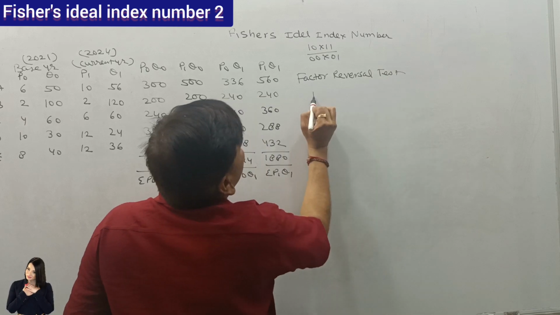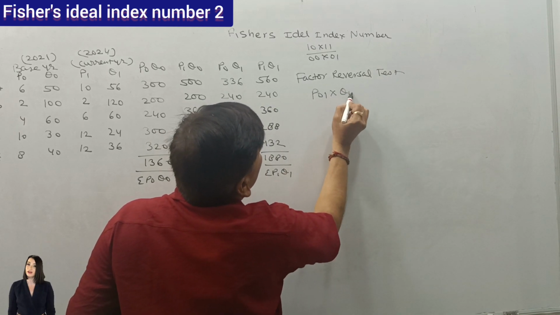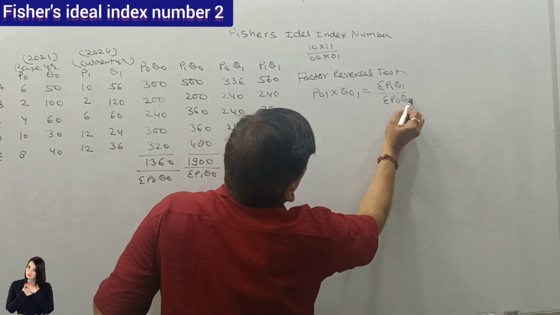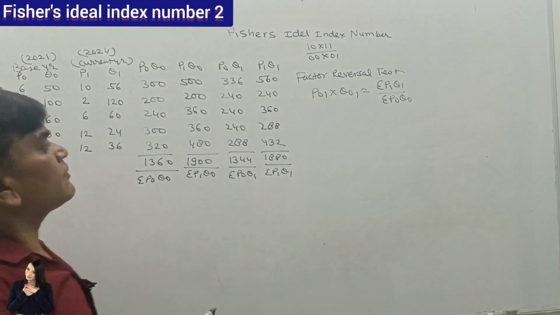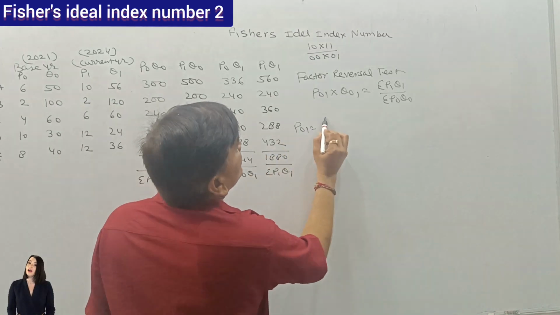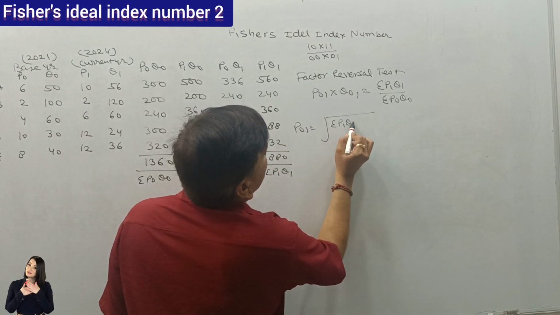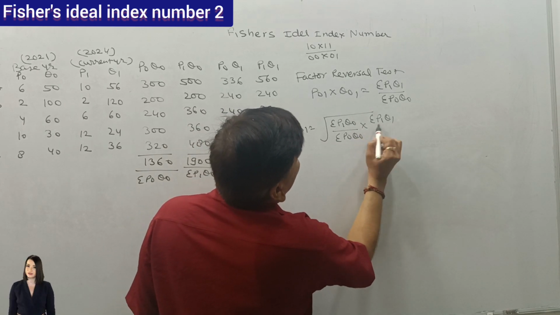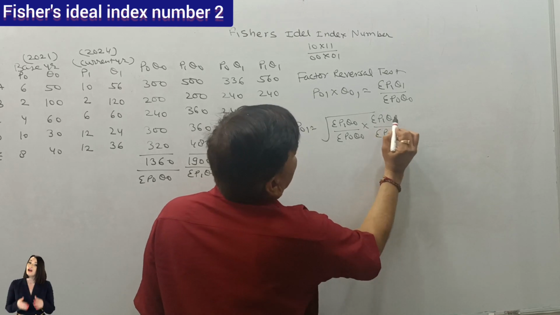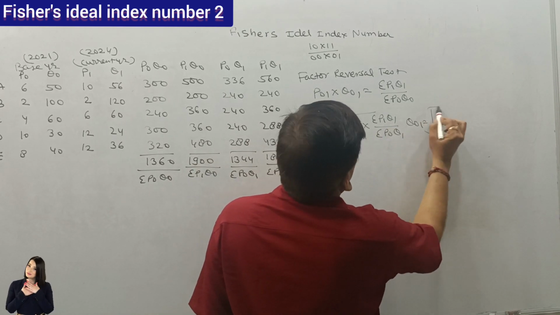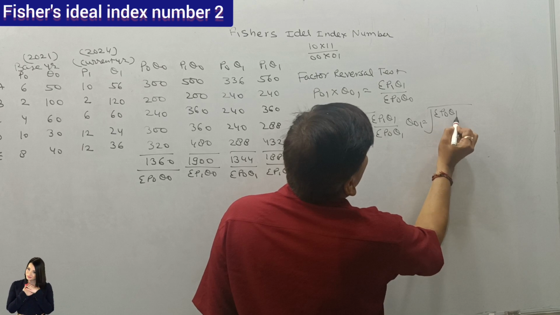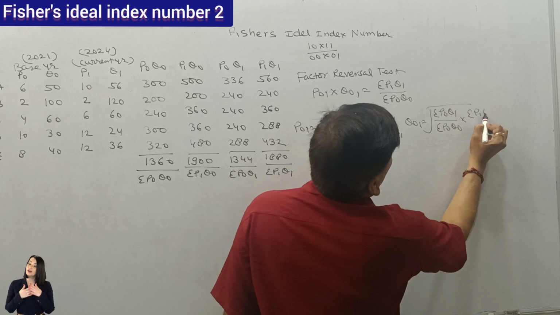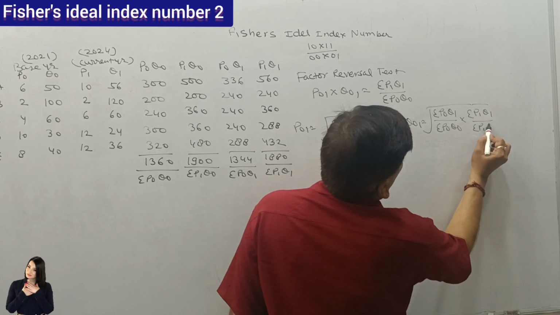The factor reversal test is P01 times Q01 equals sigma P1 Q1 divided by sigma P0 Q0. So we just have to put in the value of P01, that is sigma P1 Q0 divided by sigma P0 Q0, multiplied by sigma P1 Q1 over sigma P0 Q1. The quantity index is sigma P0 Q1 divided by sigma P0 Q0, multiplied by sigma P1 Q1 divided by sigma P1 Q0.